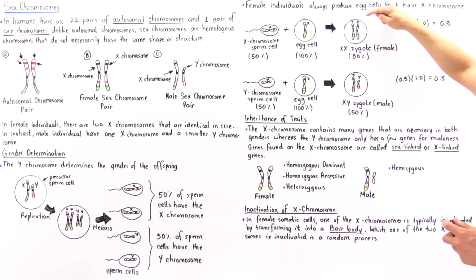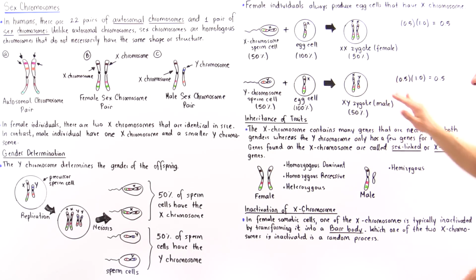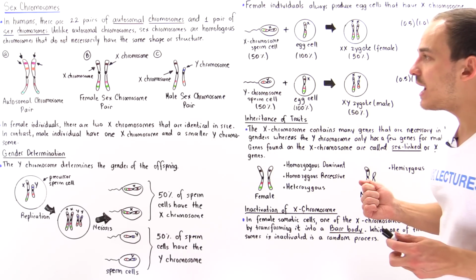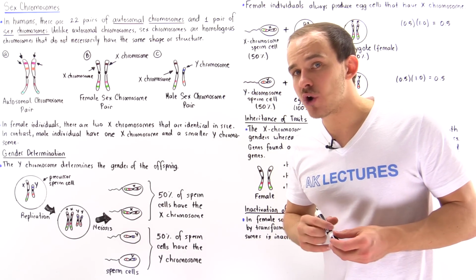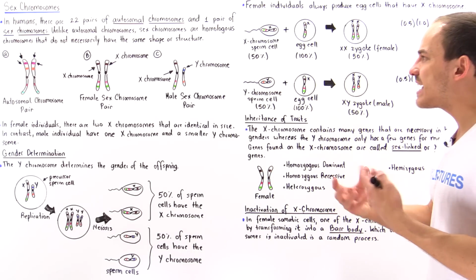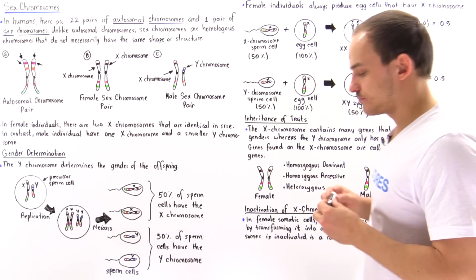In the case of the female, we have 2. In the case of the male, we have 1. So we have at least 1 X chromosome in each one of these cases, and that's because it's the X chromosome that carries those necessary genes that are needed for both genders. Now, in contrast, the Y chromosome usually has only one or several genes that are involved in giving that male their maleness.